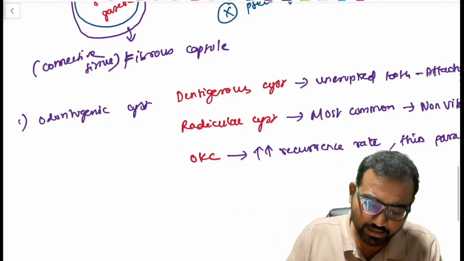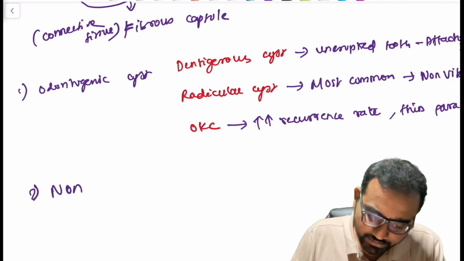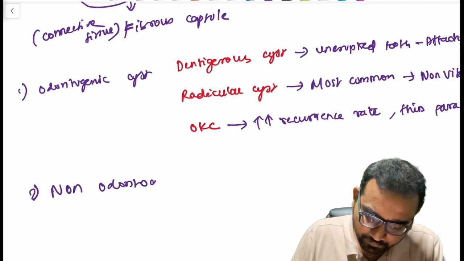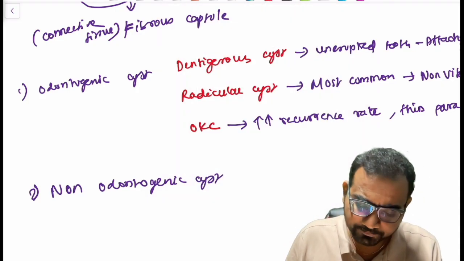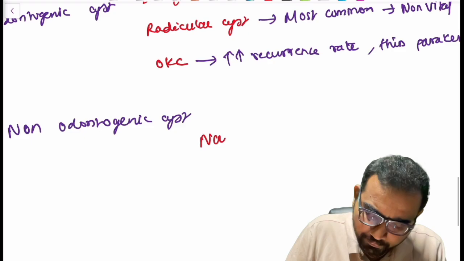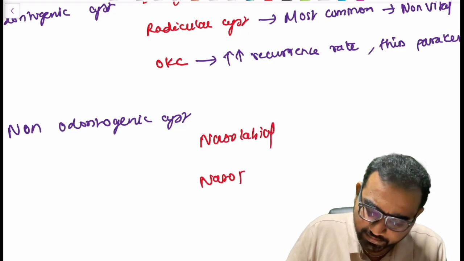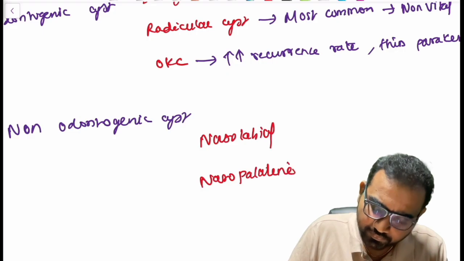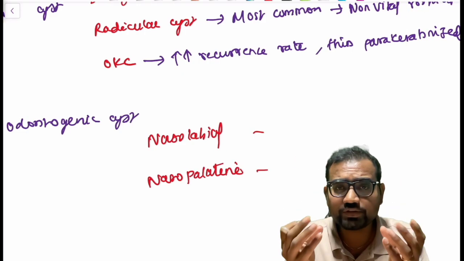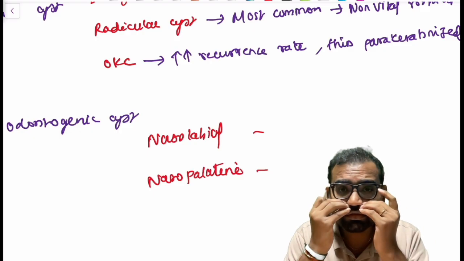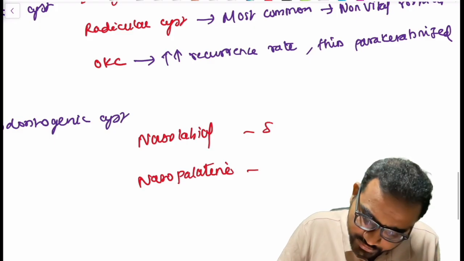So the next cyst classification will be non-odontogenic cyst. The non-odontogenic cyst will be nasolabial and nasopalatine. Nasolabial is a soft tissue cyst.